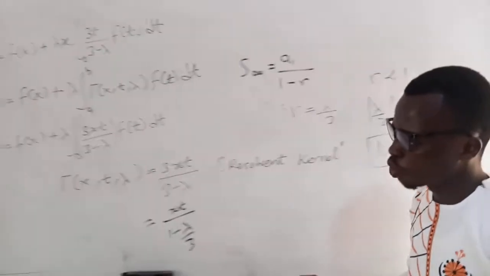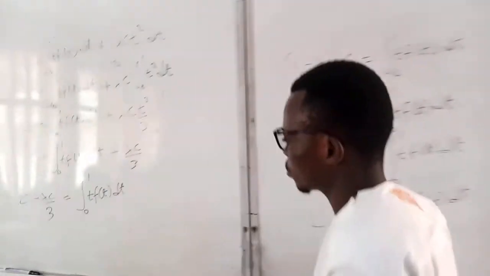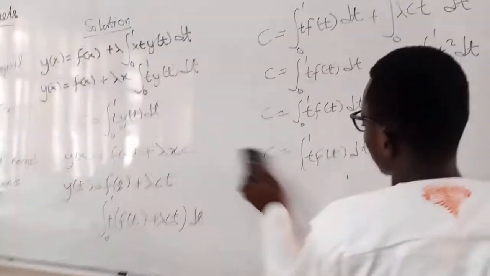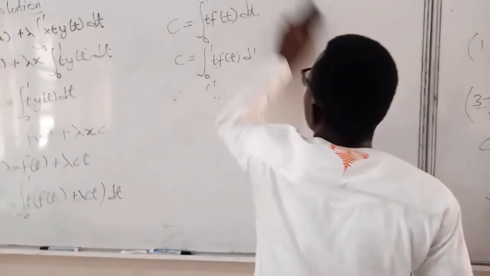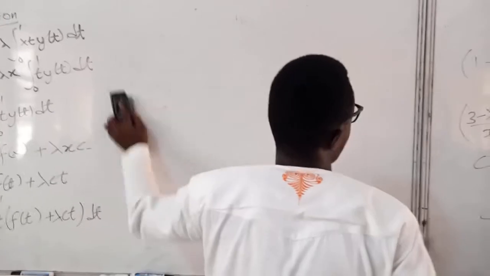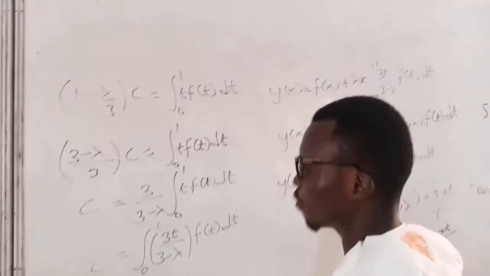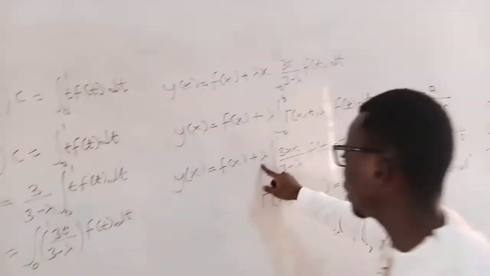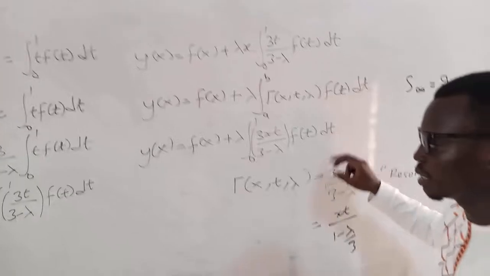Now let's find the solution to this integral equation. We said our solution is y of s equals f of s plus lambda integral from 0 to 1 of the kernel times f of t dt.